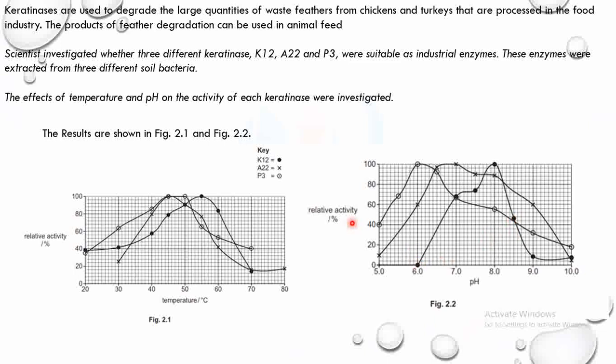But A22, which is this, is used more in acidic conditions, so if you change to acidic condition, it will get denatured. And if you check also, we're looking at K12 and A22. The optimum temperature for A22 is slightly alkaline.